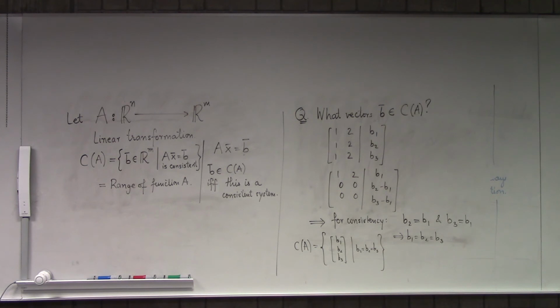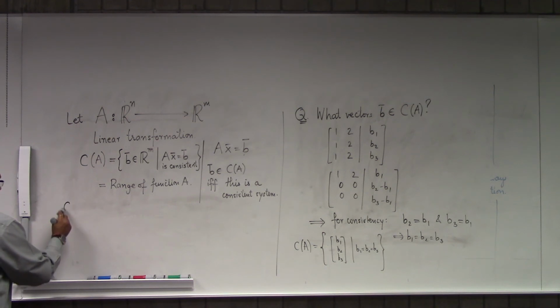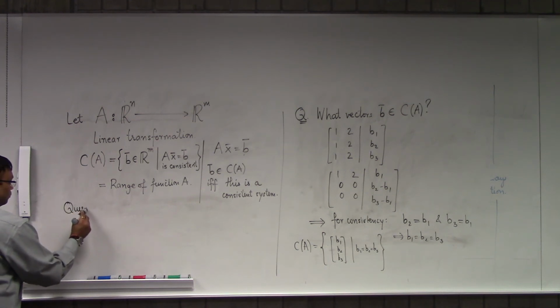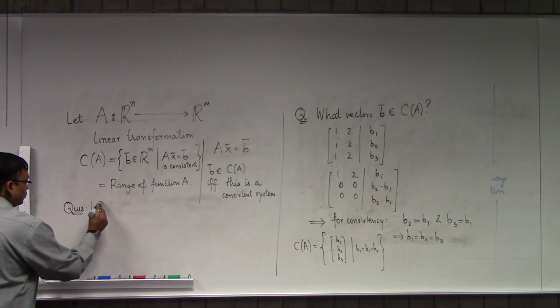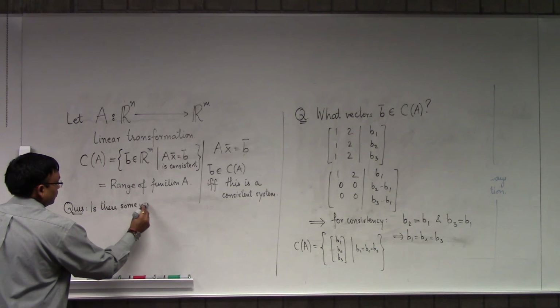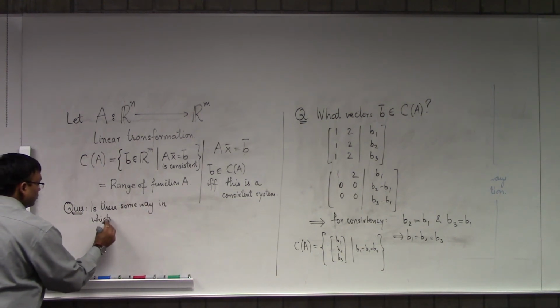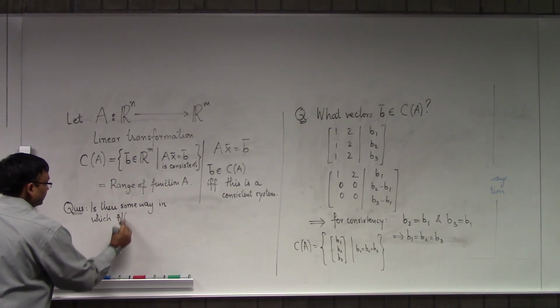Now, there is something that comes out of this example fairly easily. However, it may be something that you may not notice immediately. The question is, what is the connection between the range and the null space of A?